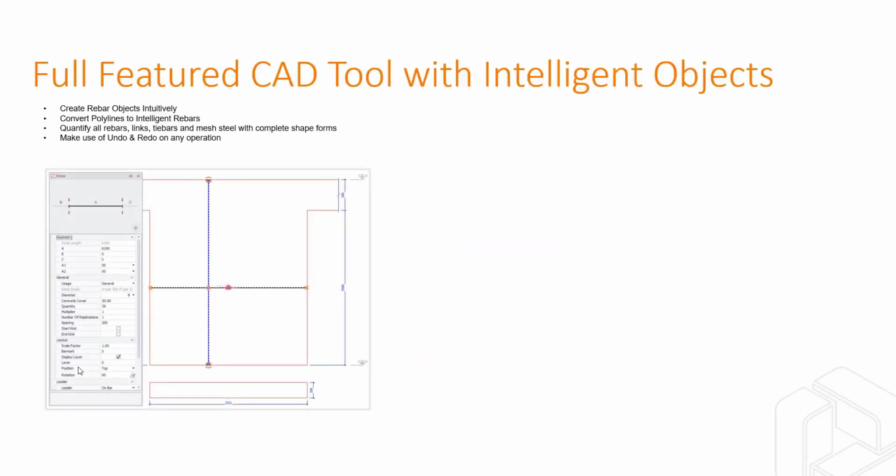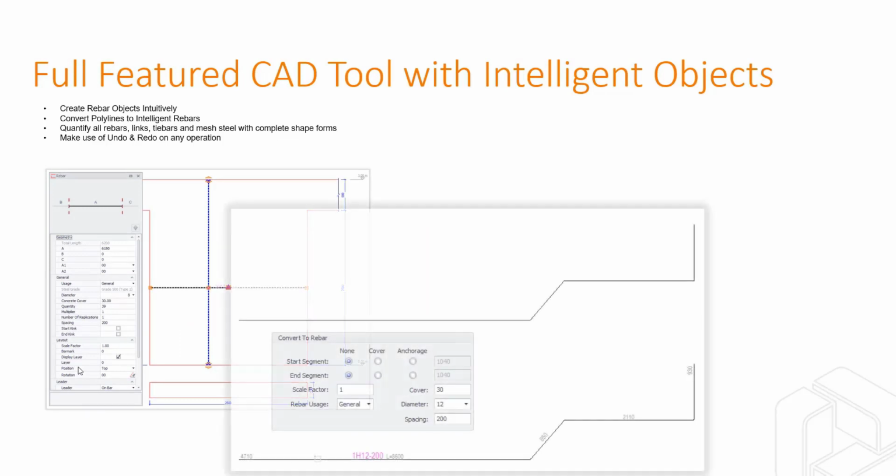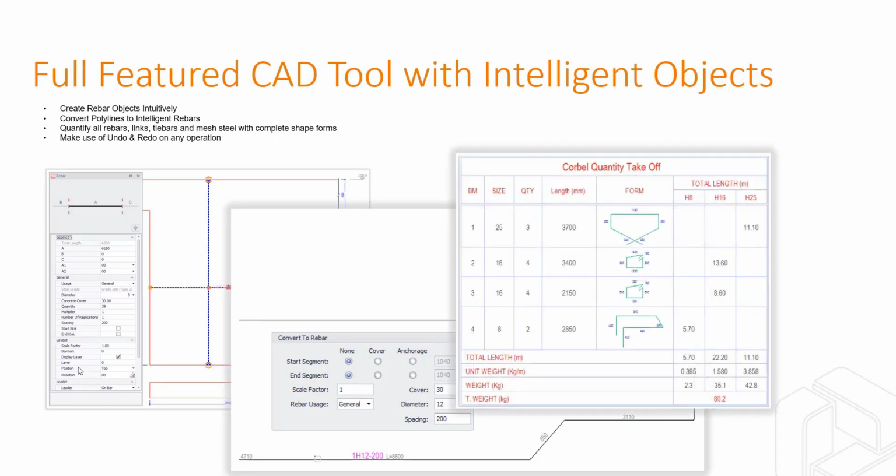Well, we have seen that ProtaDetails is also a full-featured CAD tool with intelligent objects. You can create rebar objects intuitively, convert polylines into intelligent rebars, quantify all rebars, links, tie bars, and mesh steel with complete shape forms, and make use of undo and redo on any operation, of course.